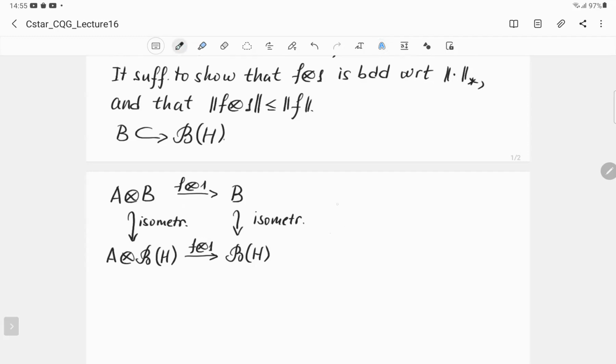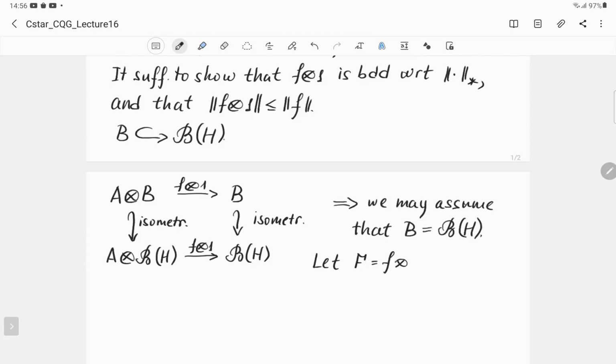So this picture implies that we may assume from the very beginning that B is the algebra of bounded operators on H. And for simplicity, let's denote our map by big F. So big F is little f tensor 1.